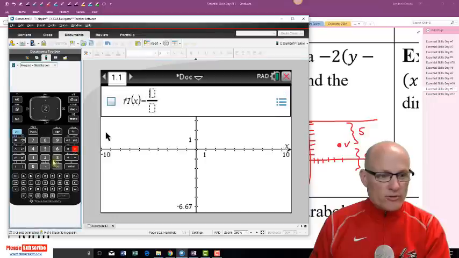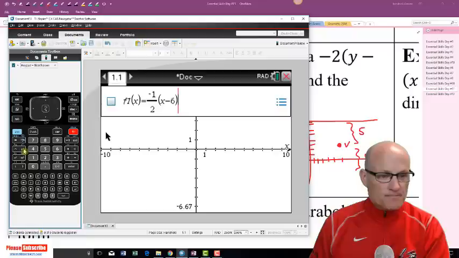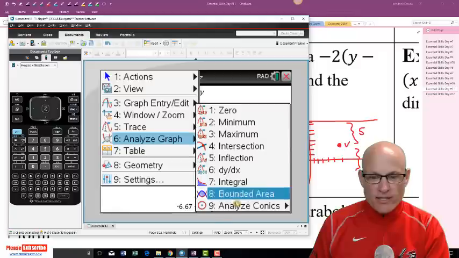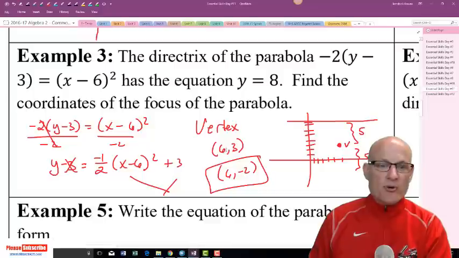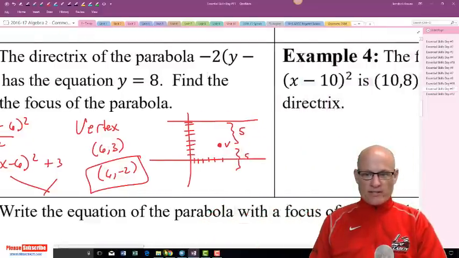So control division, -1 over 2, x minus 6, parentheses, squared, plus 3. So menu, analyze graph, analyze conics, and I want the directrix of this. It shouldn't be 7 over 2. The directrix should be, yeah, this problem was written poorly. That's not going to work. Okay, normally that would work, but it's not going to work this time.